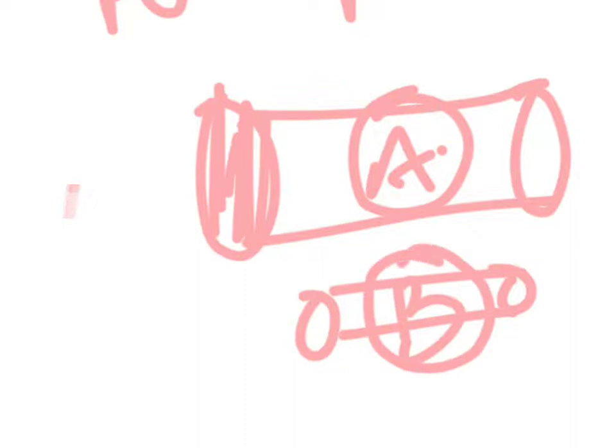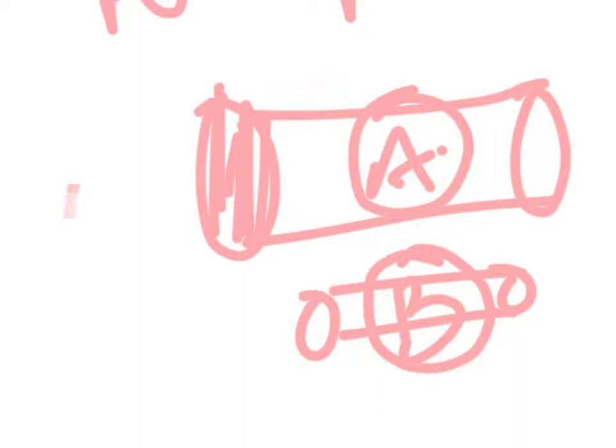Conductor B has a smaller area of cross section, so its resistance will be higher. So thicker the conductor, lesser will be the resistance offered by it. Thinner the conductor, greater will be the resistance offered by it.